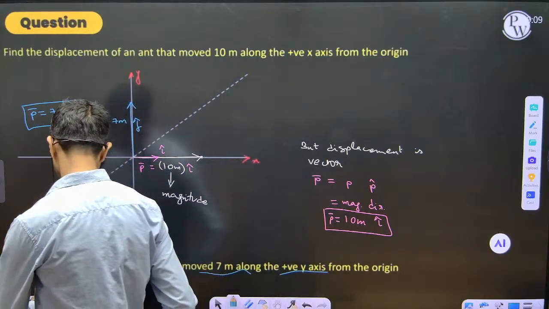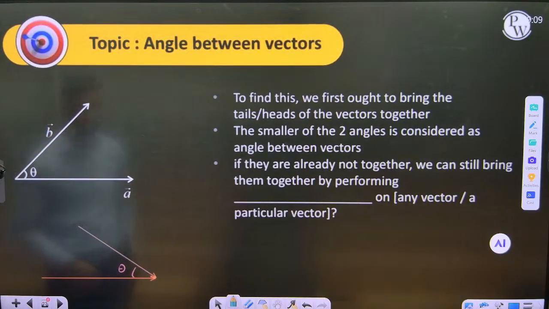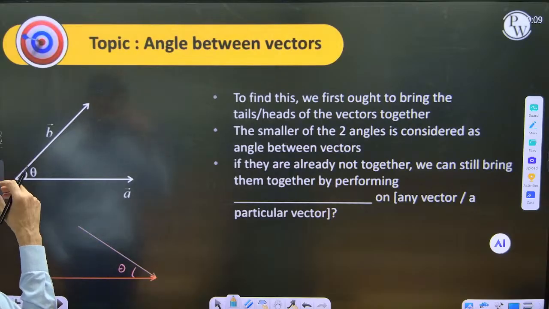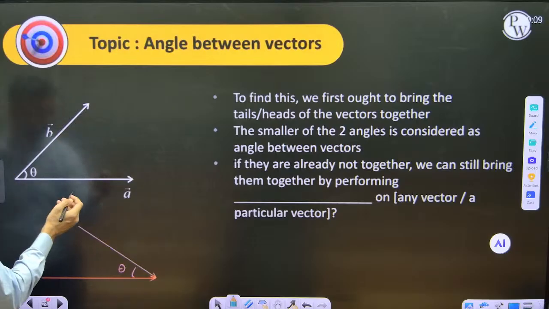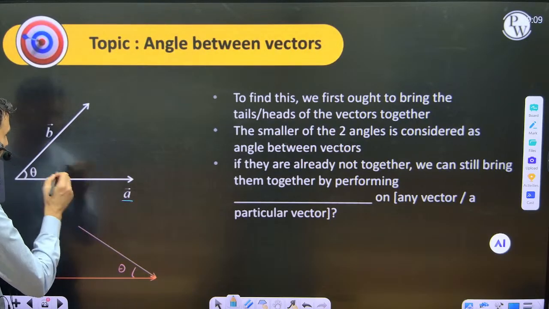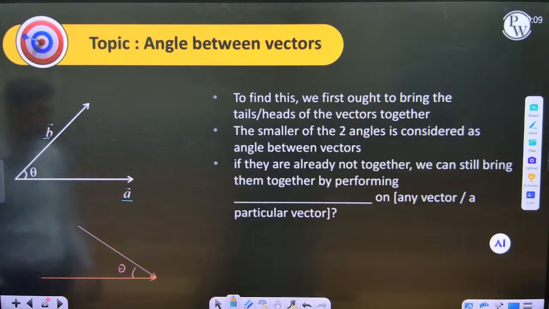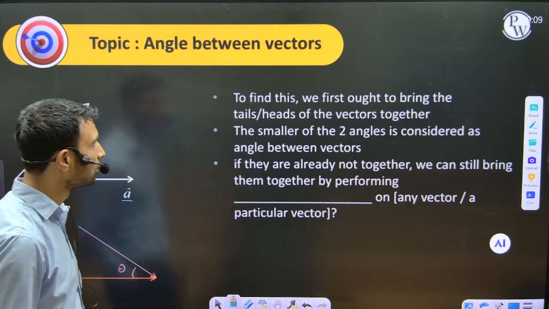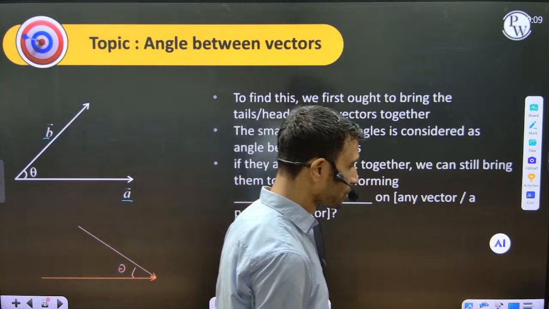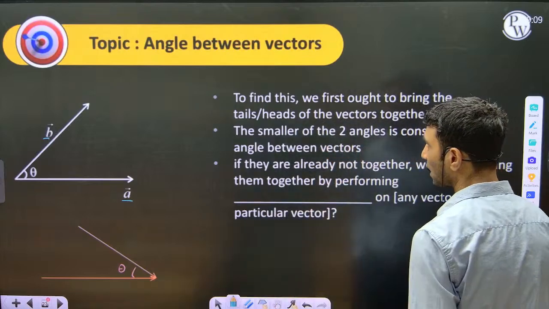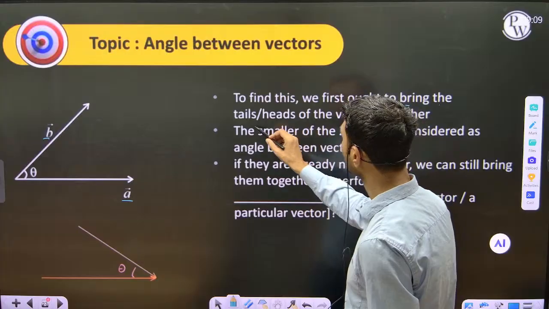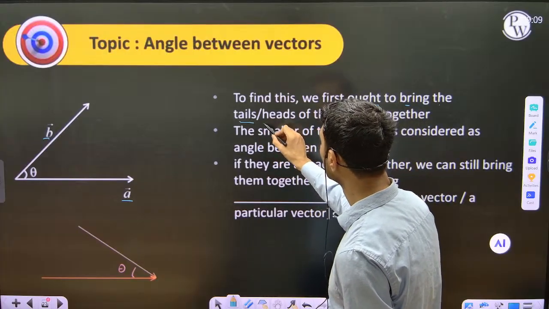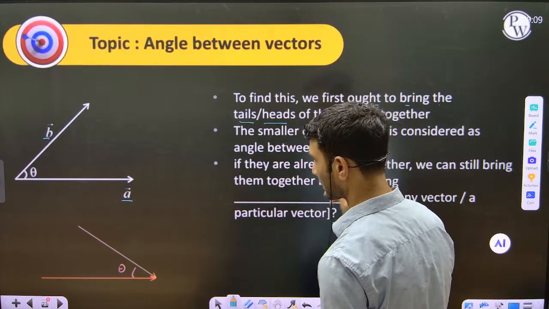Okay, so let's go ahead. Angle between vectors. So let's say you have two vectors, A vector and B vector. To find the angle between vectors, first we ought to bring the tails or heads of the vectors together.